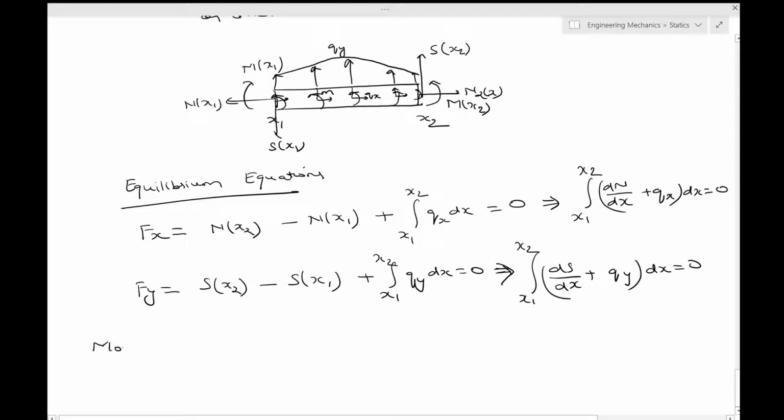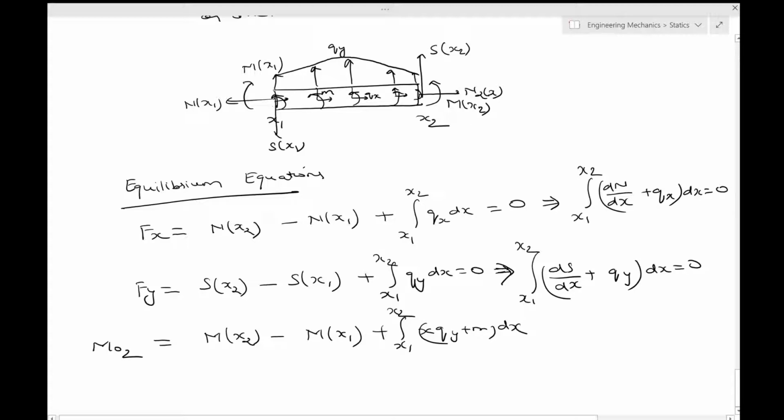Now again, the equilibrium equation doesn't end there. We have to also balance the moments about the z-axis, k-axis. So that would be M of x2 minus M of x1 plus the integral from x1 to x2 of x qy plus m dx.